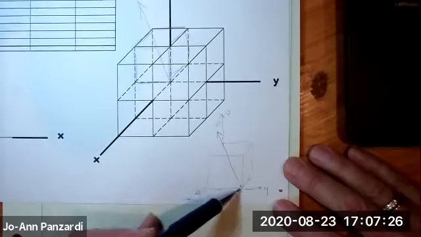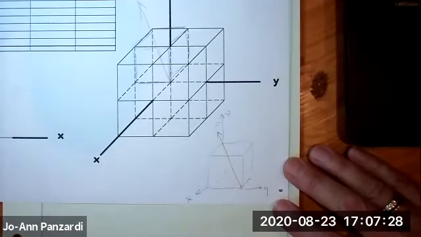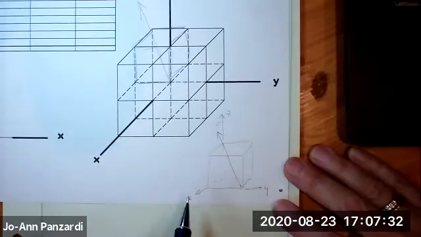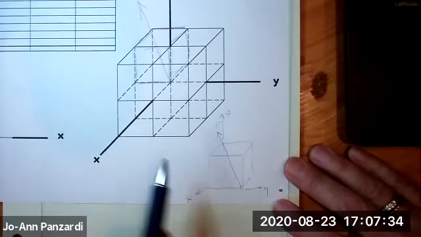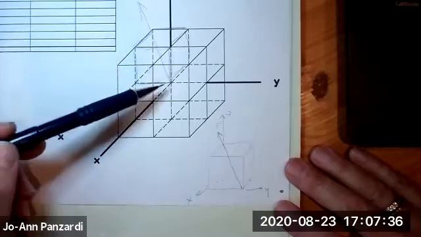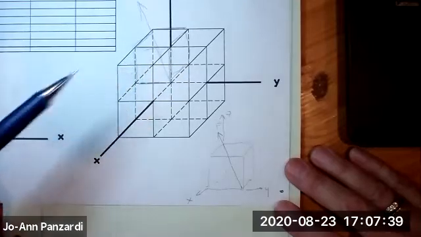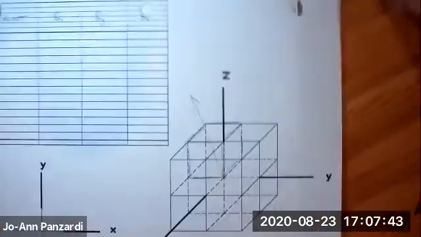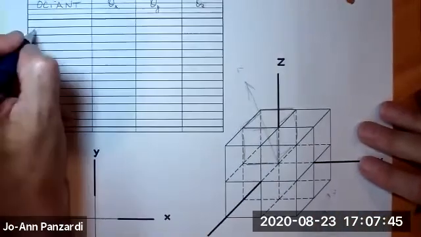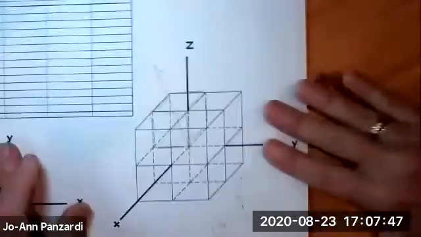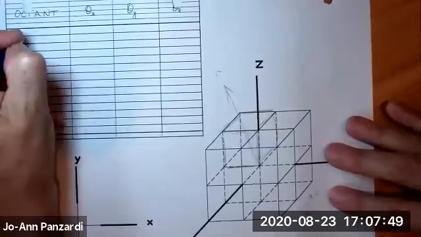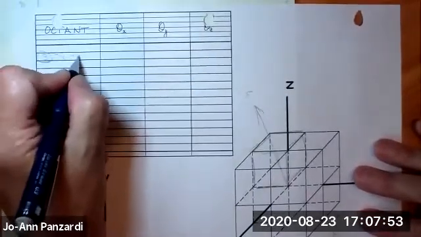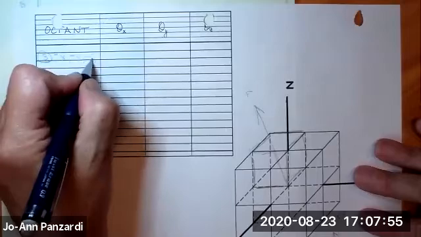But the force is going in the positive Z direction. So if we have a situation where, I'm not sure what octant this is, let's just call this octant 3. In this particular case of octant 3, it's going in the negative X, negative Y, and positive Z.